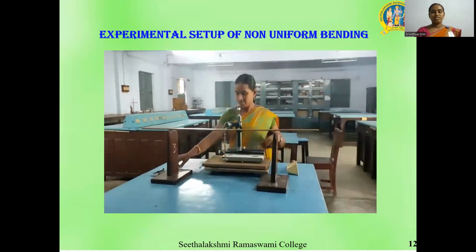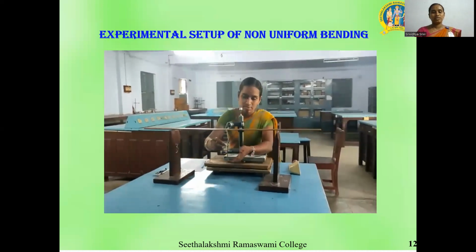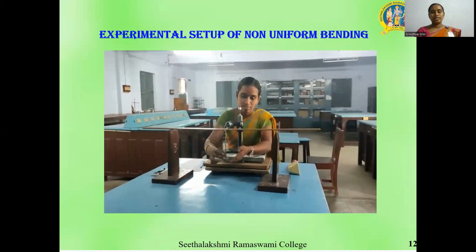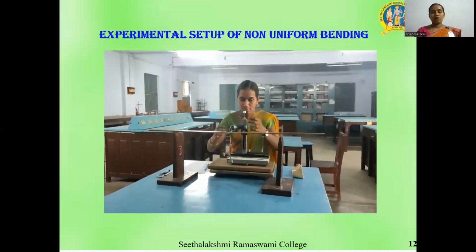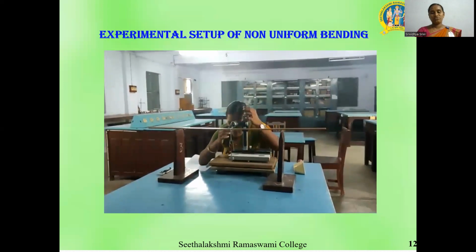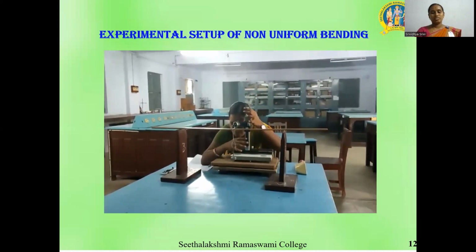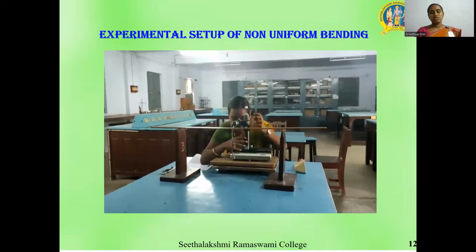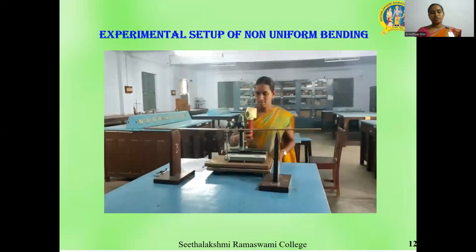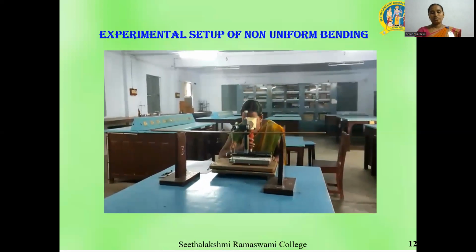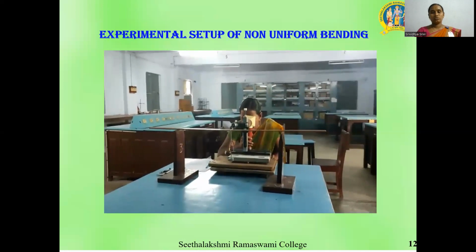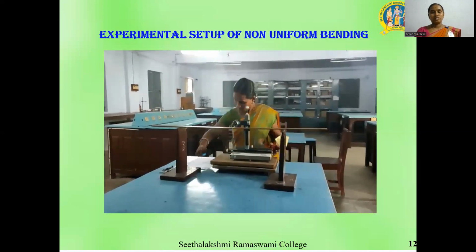At this point, the weight hanger is suspended at the midpoint, exactly at the pin. Then weights are added in steps of 50 gram and the microscope is adjusted so that the tip of the image of the pin coincides with the horizontal crosswire. Then the readings are noted.